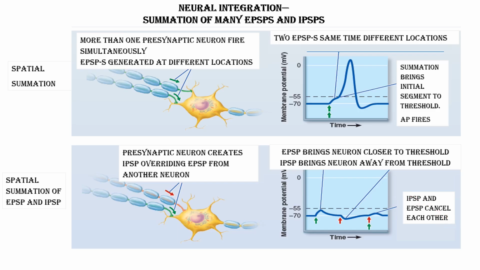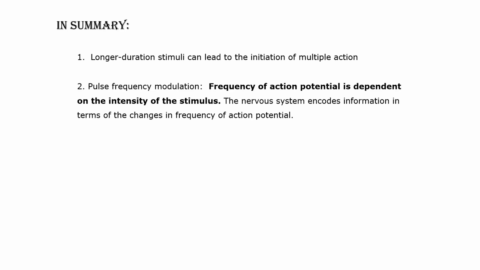So in order to summarize what we have discussed till now, longer duration stimuli can lead to initiation of multiple action potentials. The pulse frequency modulation theory suggests that the frequency of action potentials is dependent upon the intensity of the stimulus, and the nervous system therefore encodes different intensities of the stimulus in terms of changes in the frequency of the action potential.